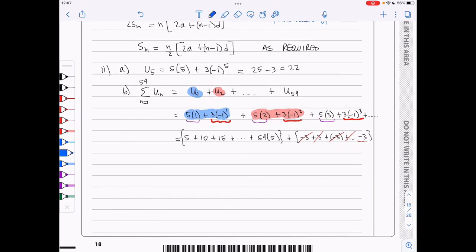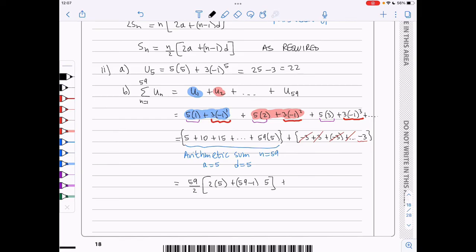Now, this part here is just an arithmetic sum of 59 terms, with first term being 5 and common difference being 5. So according to the formula we have already found, it's going to be n over 2, 2a plus (n minus 1)d.